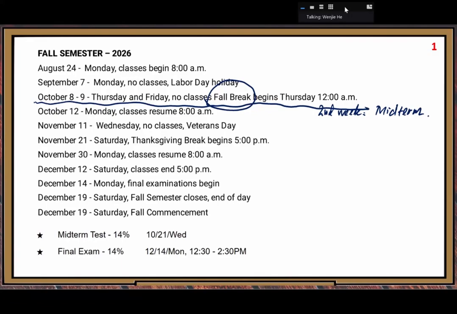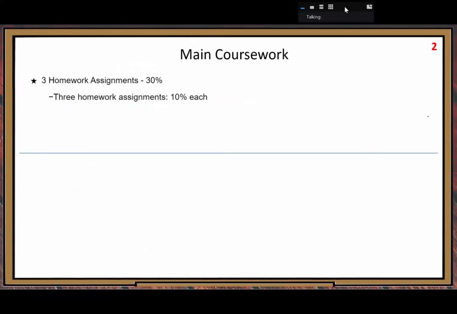All right. Then the coursework part. 3 homework assignments, each one 10%, total 30%. So basically, in these 3 homework assignments, we need to do concept questions.